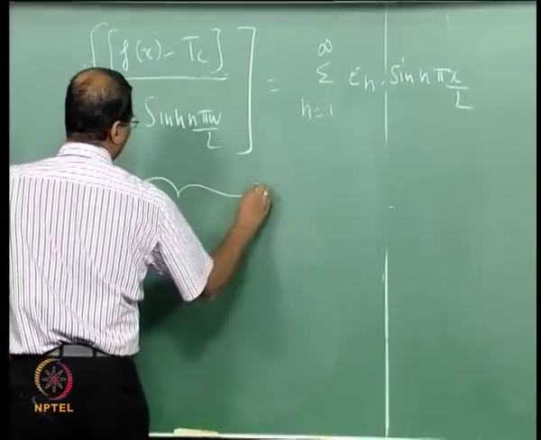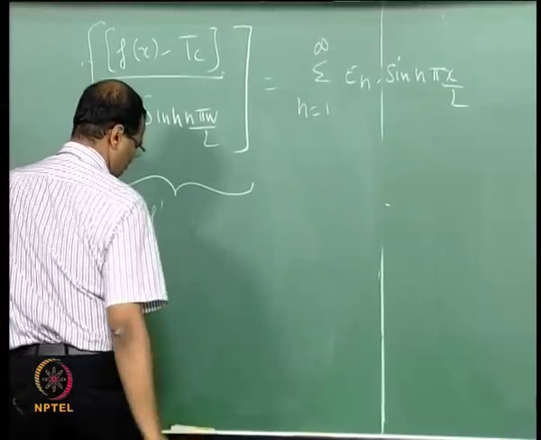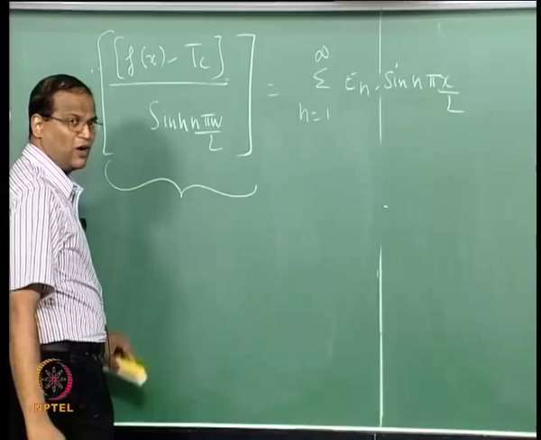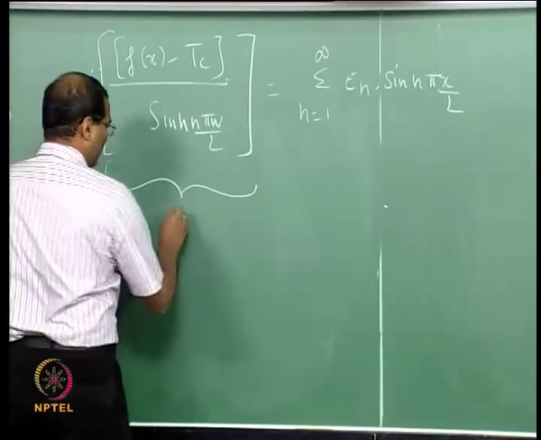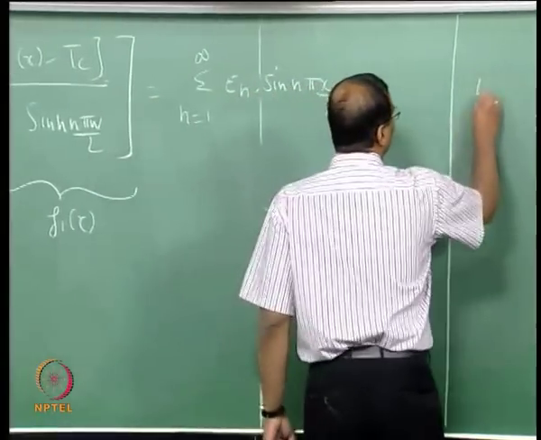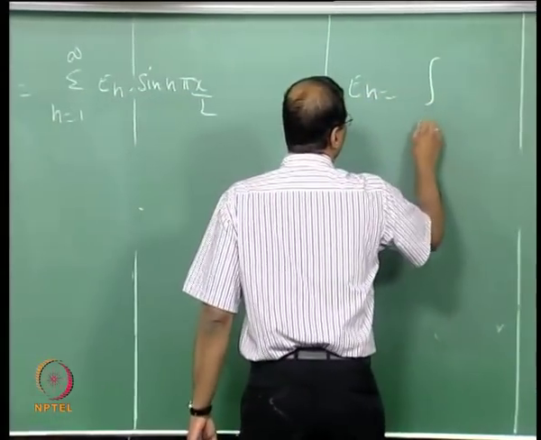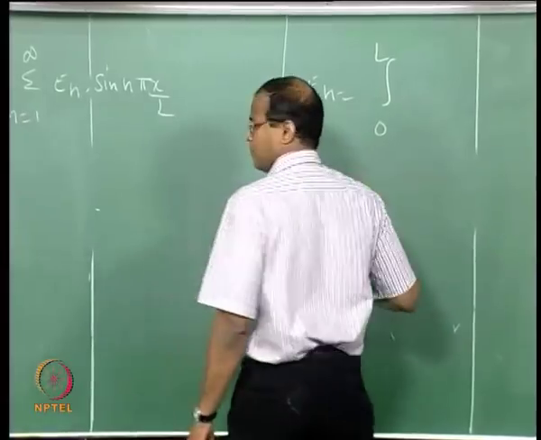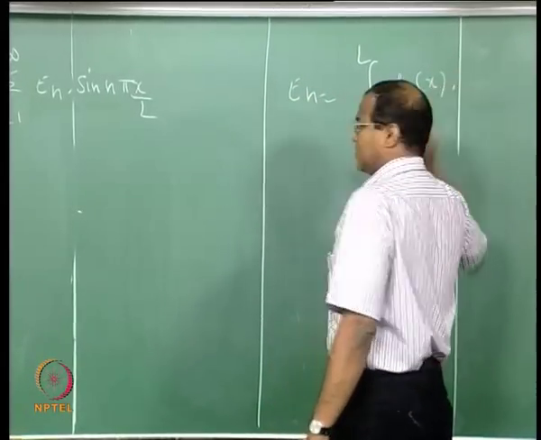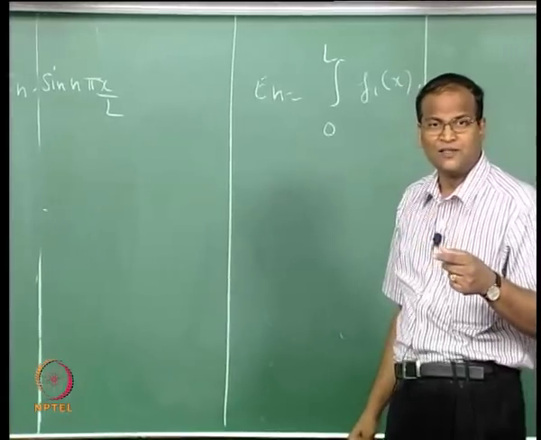So this is like your f1. So En must be f1 of x into g of x. What is g of x?